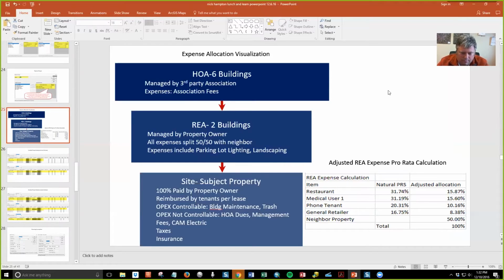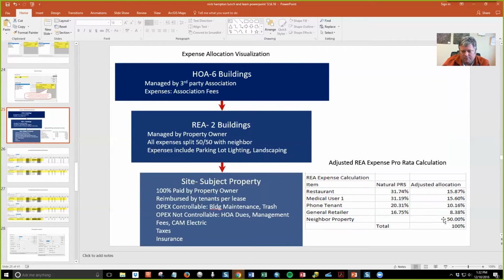So we read through the leases and we realize that these expenses need to be passed through. So what we've done is I've created an adjusted reciprocal easement agreement expense pro rata calculation. A lot of big words for figure out who needs to be paying what.